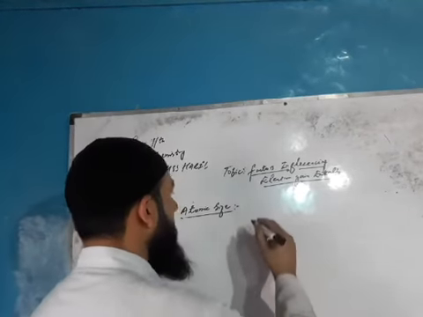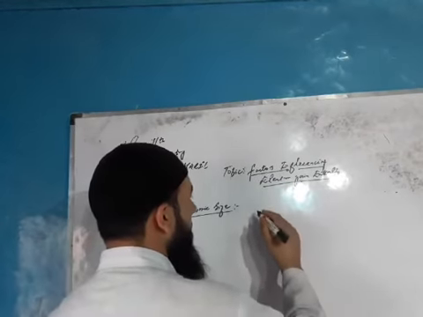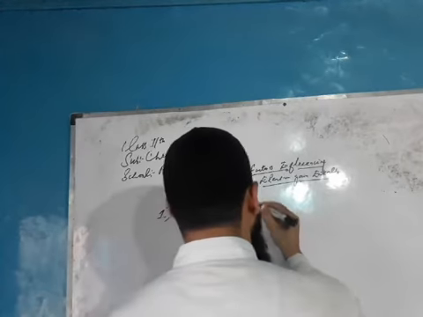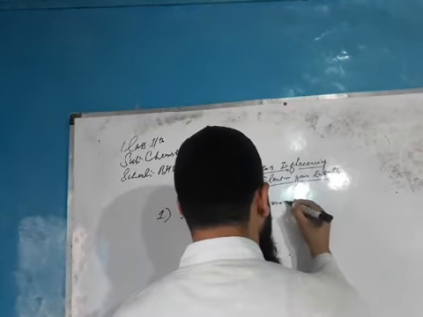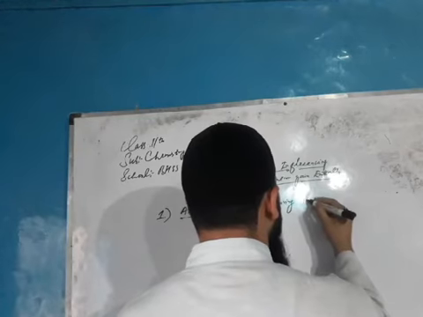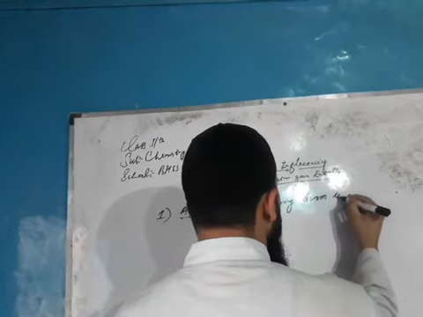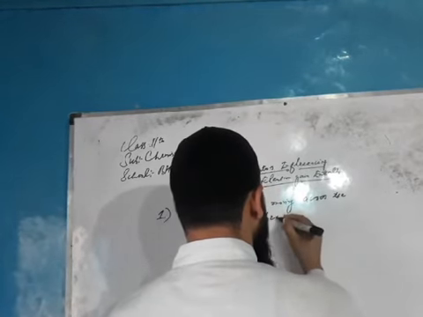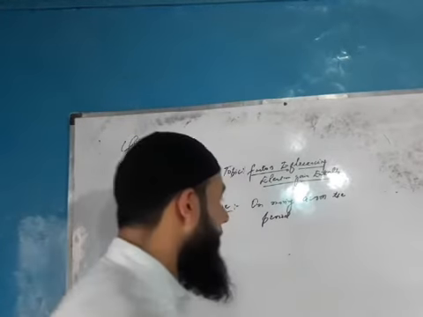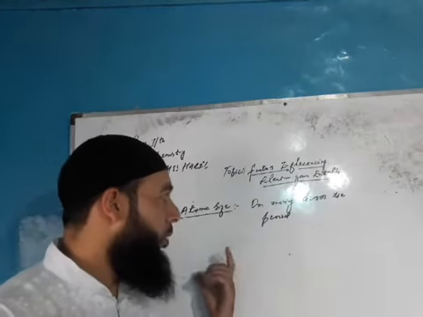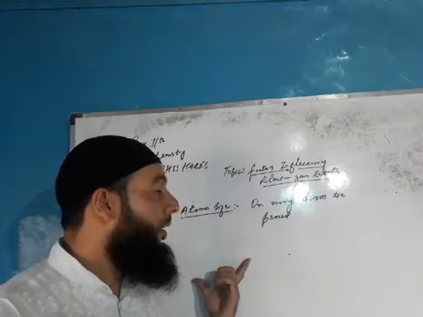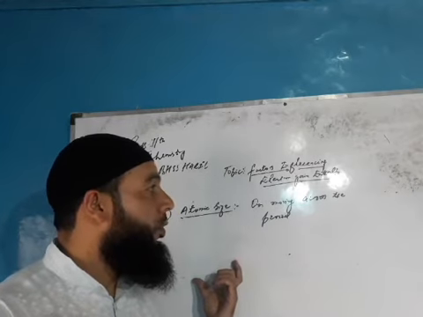On moving across the period, atomic size decreases. So what happens to electron gain enthalpy on moving across the period? As atomic size decreases, the urge to take the extra electron is more.